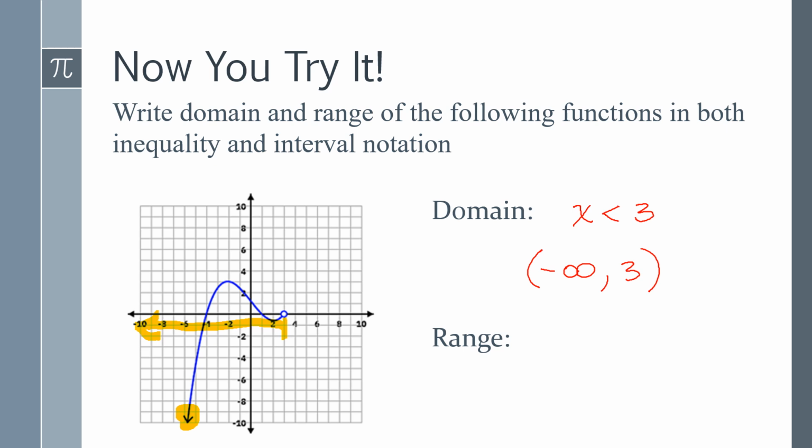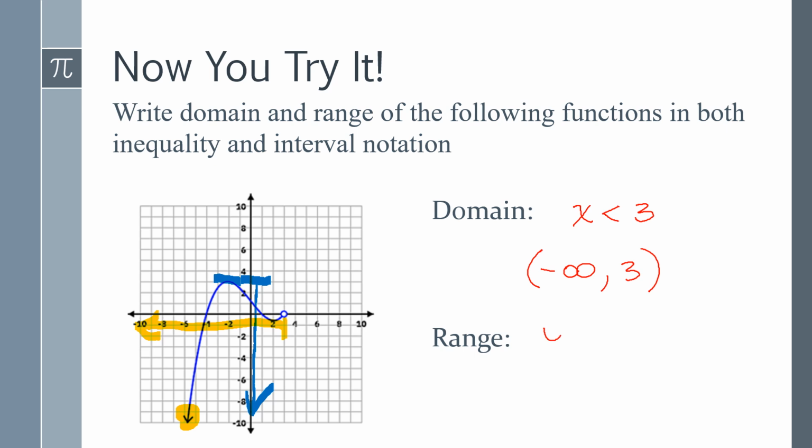Now our range values, they get up here up to 3, and then they go south, right? Goes down. So the high is here at 3. So we would say that with this function, the y value, I'm going to do my inequality.